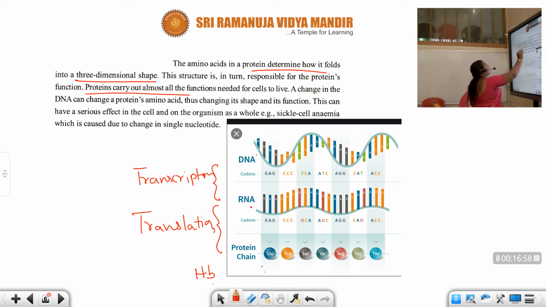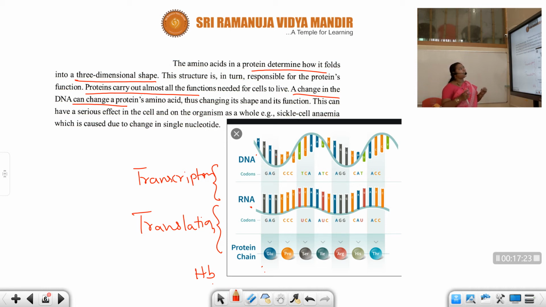Proteins carry out almost all the functions needed for a cell to live. Understand this point, students. As living organisms, we always require the help of some proteins in our day-to-day life. A change in the DNA can change the protein's amino acids, thus changing the shape and function.